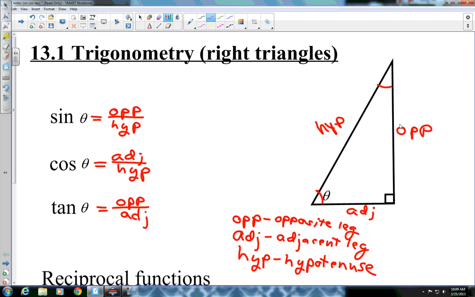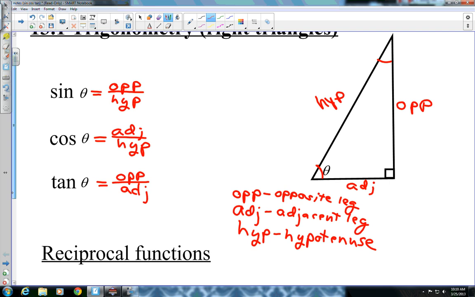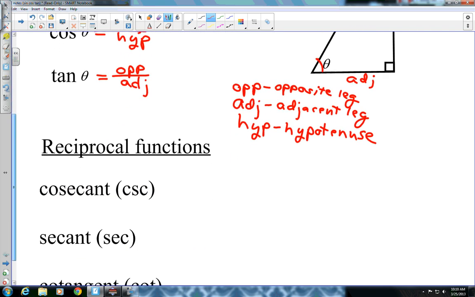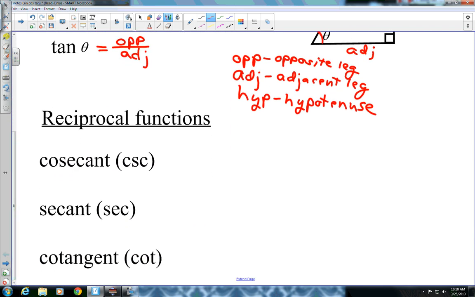Seen those before. Okay? Now we're going to look at the reciprocal functions. The reciprocal functions are reciprocals of our original three. First we have the cosecant function.